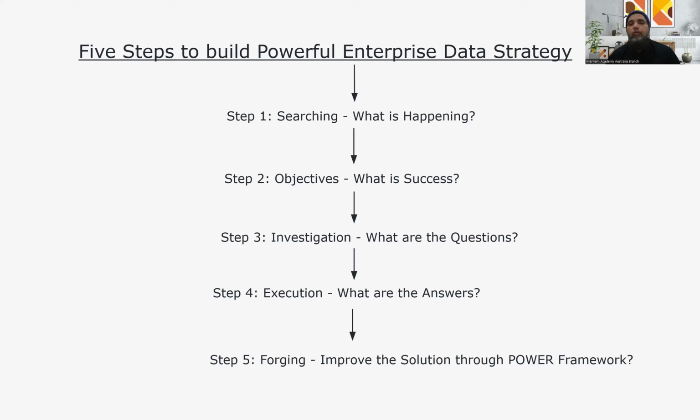Now, in the third step, we are going to ask the question. Obviously, we defined the success criteria: we are going to integrate three systems. Now, the questions we are going to identify are part of the investigation. So the third step is investigation, where we ask the question, okay, what can we do to achieve that criteria? So what is needed to integrate these three systems?